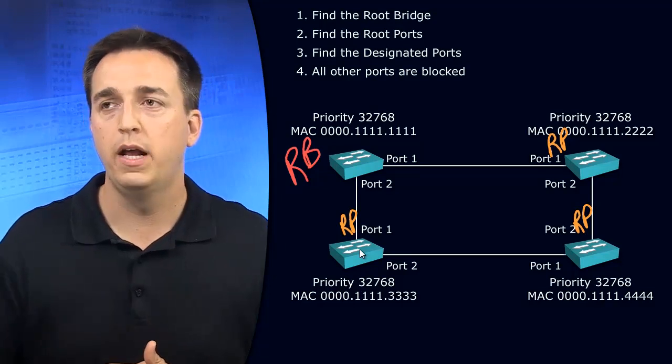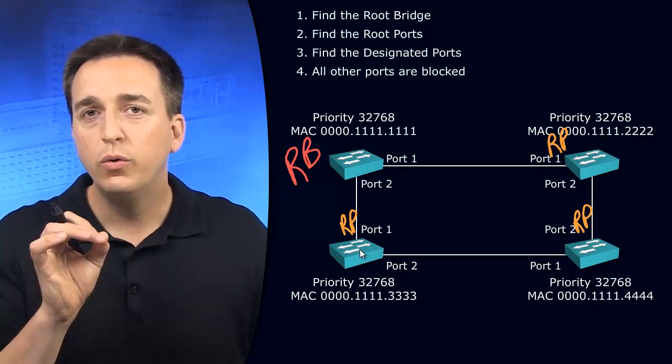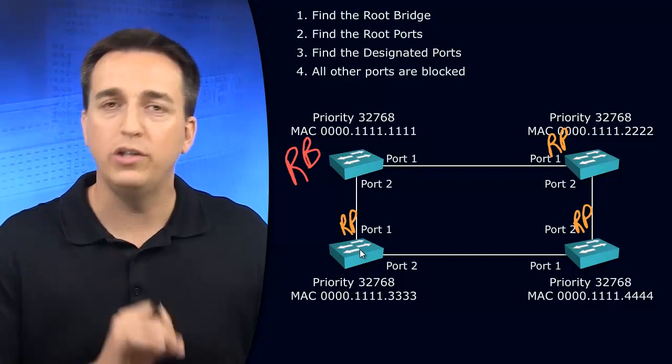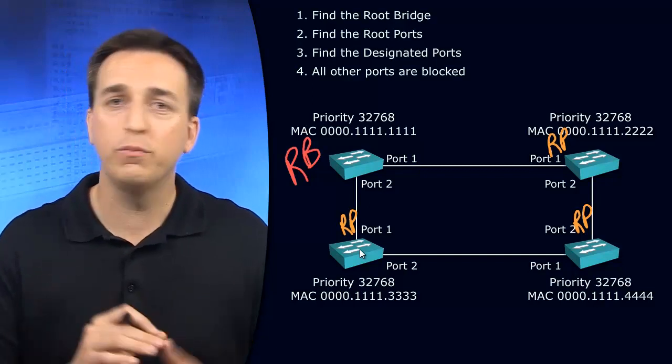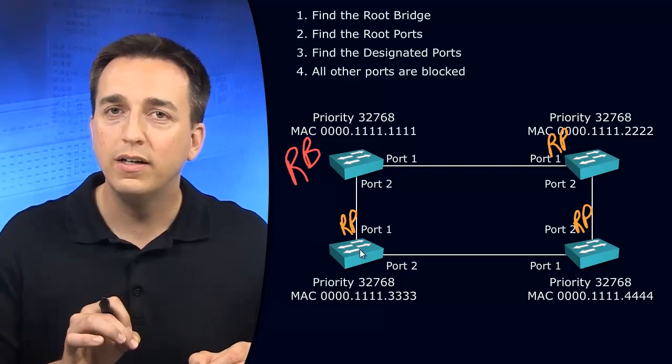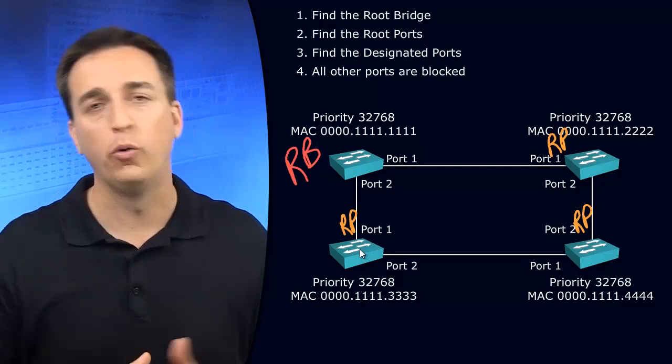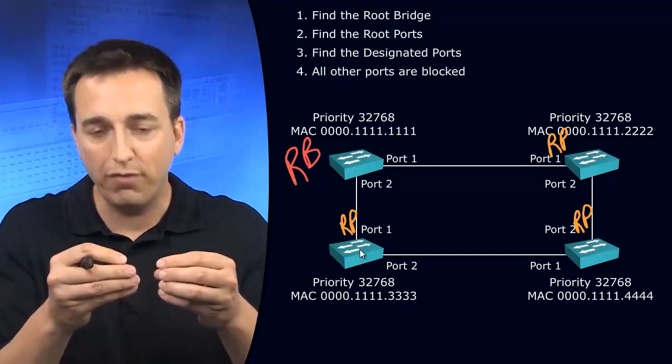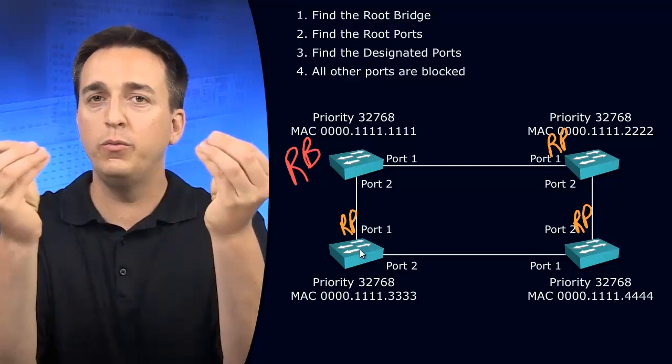Also, since the root bridge cannot have root ports, and you never ever want the root bridge to block a port, because remember, everything is growing from the root bridge, from a tree.